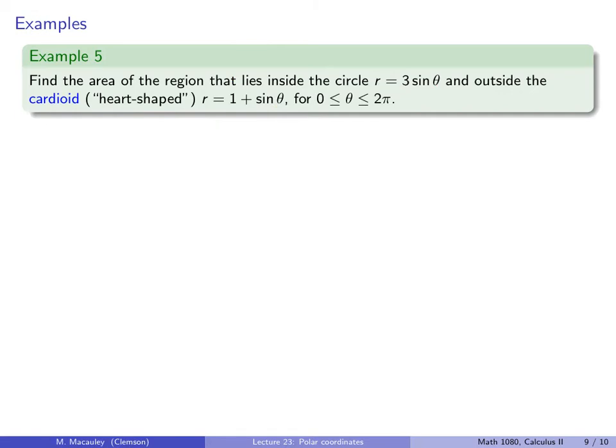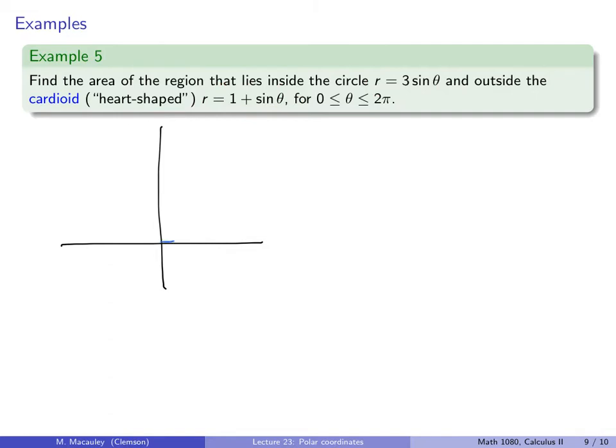So first of all, it should not be clear what this thing is, and I encourage you to plug it into a graphing calculator to see what you get. But let's try to reason through what it should look like roughly. Okay, so we saw in example 3 that this is in fact a circle of radius 3/2 centered at 3/2.